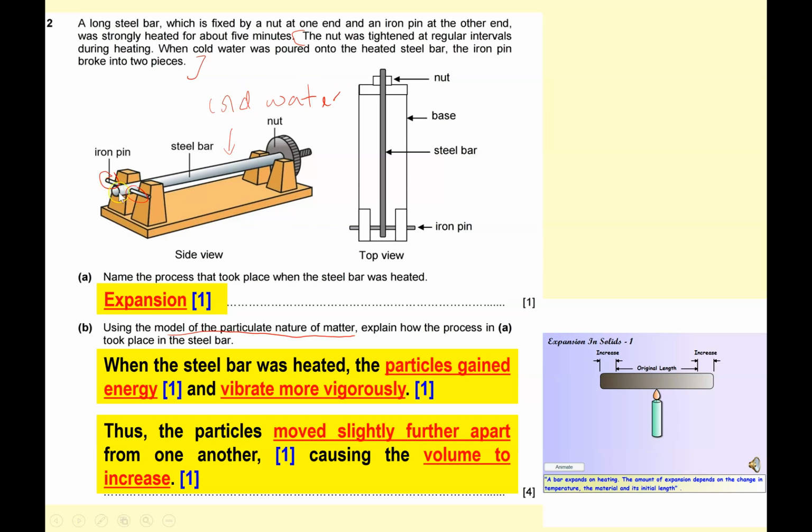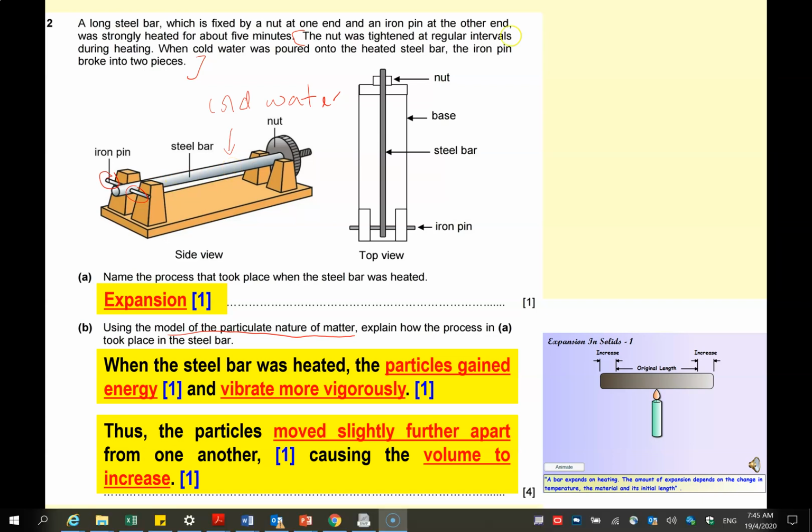And the iron pin just broke into two pieces. Why? Because the steel bar contracts. And the force caused by contraction will cause the iron pin to break.